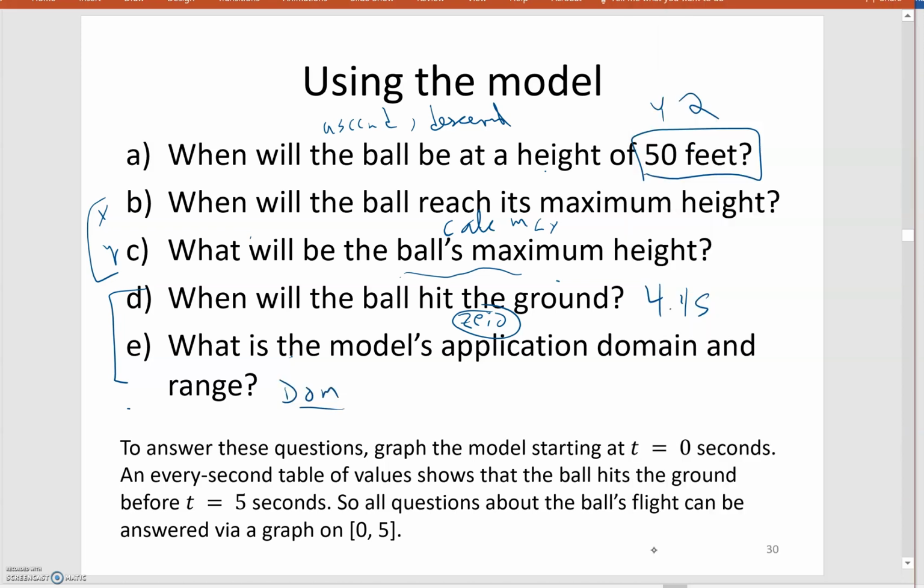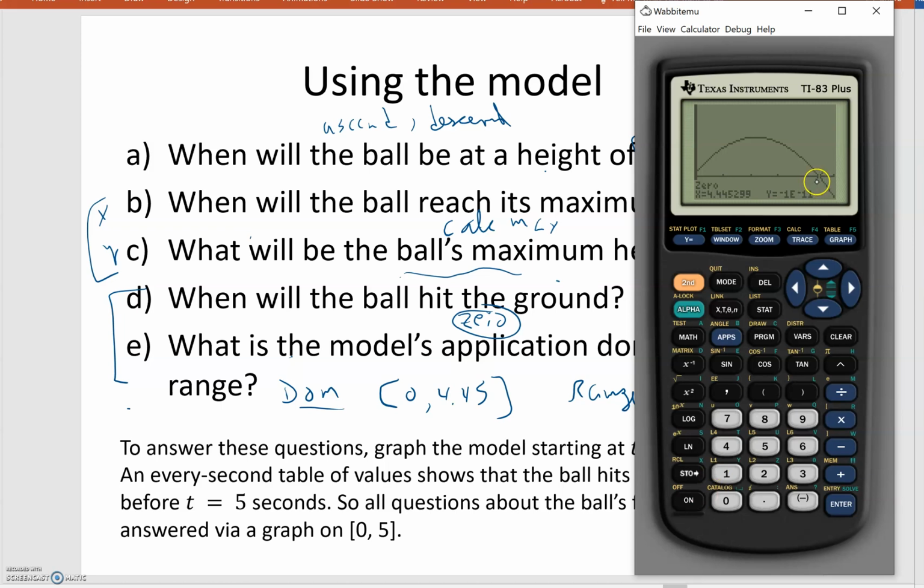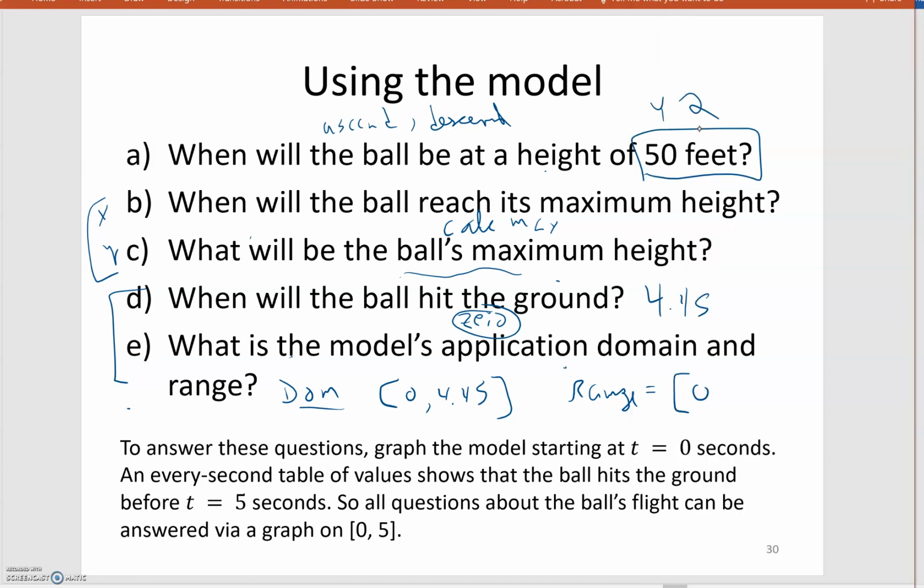The domain will be from 0 up to 4.45. And the range is going to be from 0, because we do go to 0, up to the y-coordinate of the maximum, which we found already, I believe.